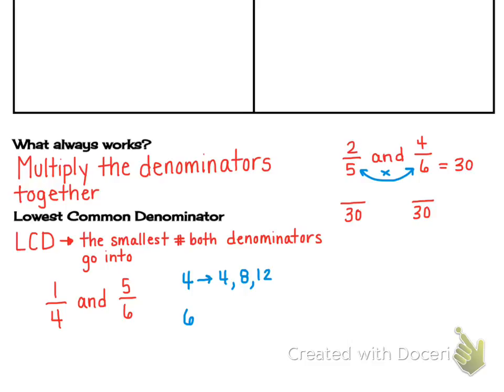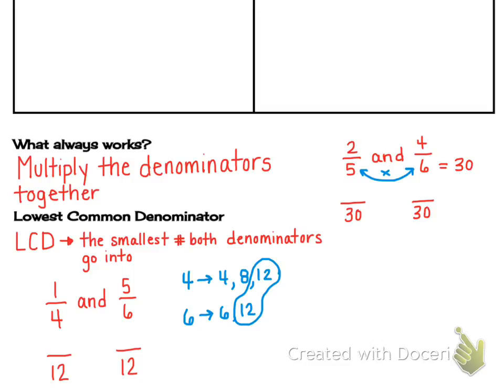And I'm actually going to stop there, because when I think about my multiples of 6, I do 6, 12, and I see that both of these numbers go into 12. That is the smallest number that they both go into. So what I'm going to try and do then is write equivalent fractions that change 1/4 to something over 12 and 5/6 to something over 12, so that my denominators are common.